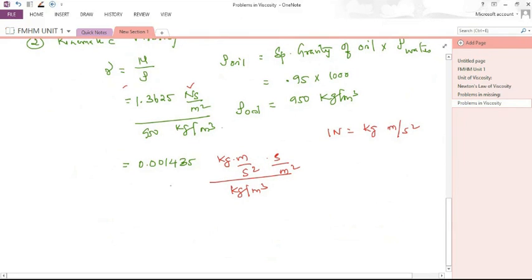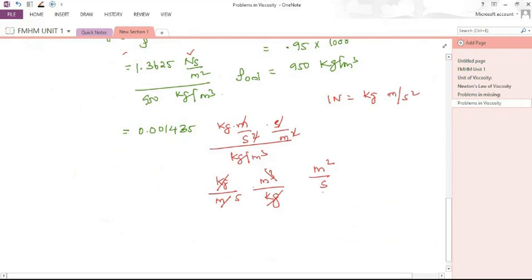Here the term second, one cancels, and the rest will be kilogram per meter into second into meter cube per kilogram. So again, kilogram cancels. The final unit you get is meter square per second.